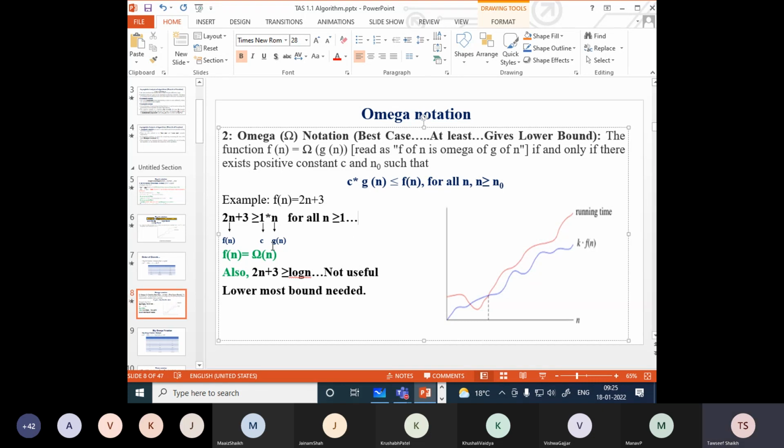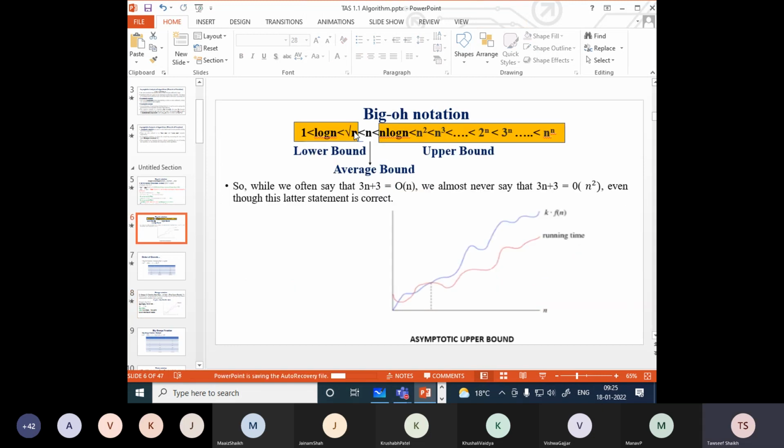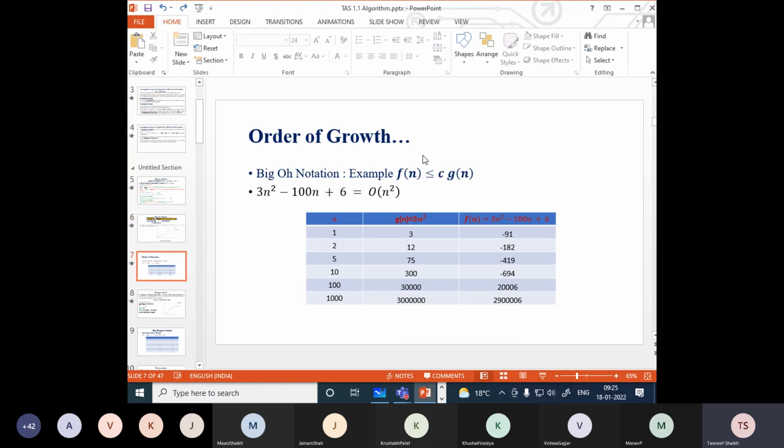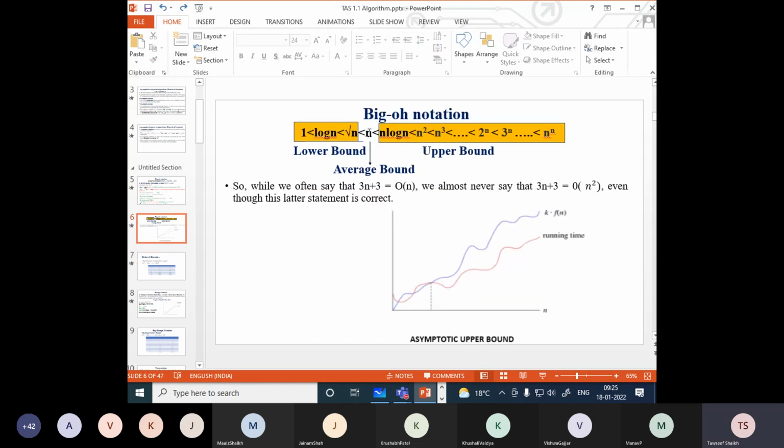Now see here also, like the case we did in big O notation, since it is linear, n, every function on the left side of this linear function, that is the lower bound side of n, qualifies.